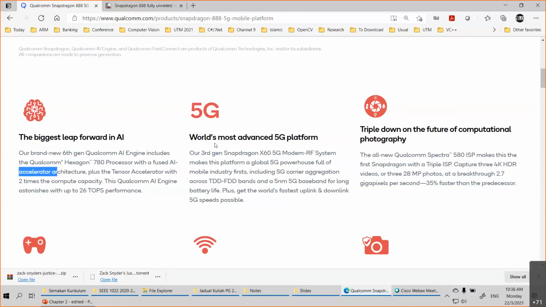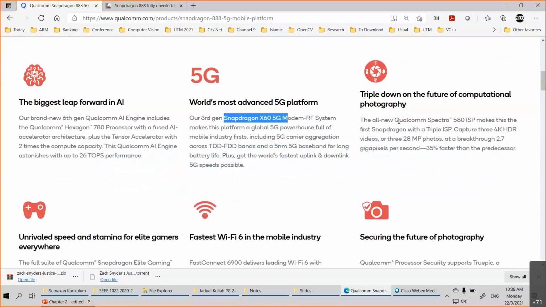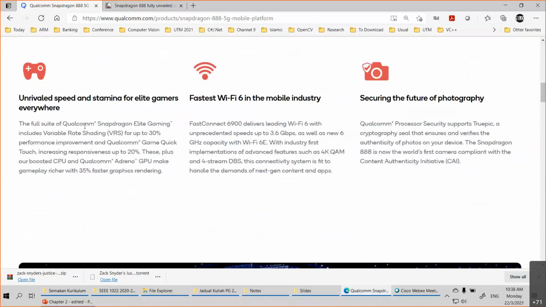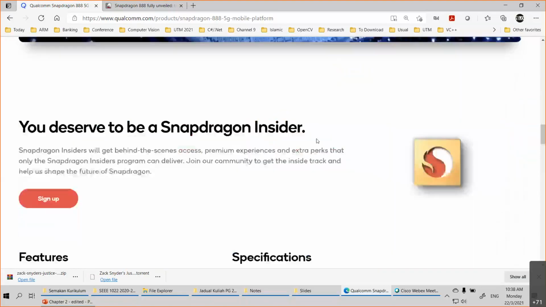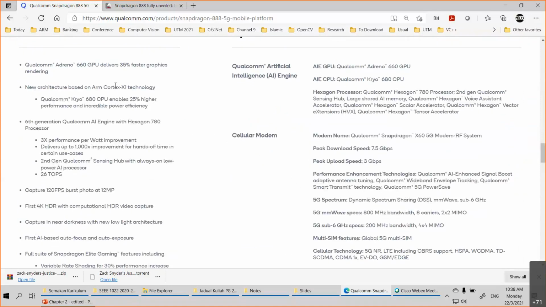Then you also have a 5G modem called the Snapdragon X60 5G modem. Then you also have a Spectra image signal processor. Then you also have a Qualcomm Snapdragon Elite Gaming feature, which I do not know. Then you also have a Wi-Fi 6 chip inside. And then you also have Qualcomm processor security with TruePic. What else? You have a lot of things in the specification.